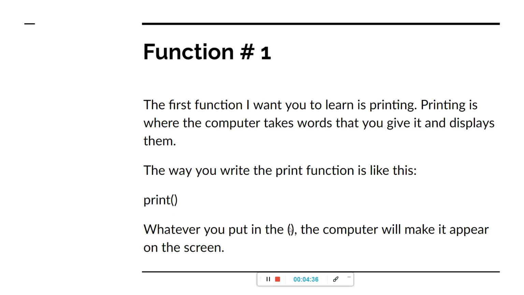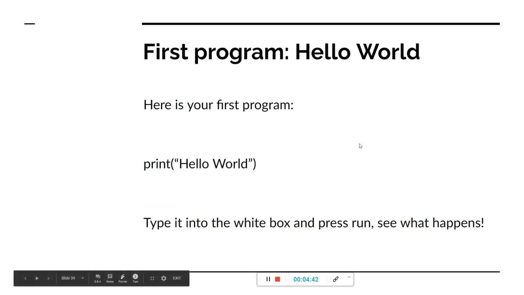Whatever you put in the brackets, the computer will make it appear on the screen. So why don't we do this? Here's your first program. Print, and inside these brackets we've got words. Because they're surrounded by apostrophes, the computer will know these are words. So type it in the white box and press run, see what happens.